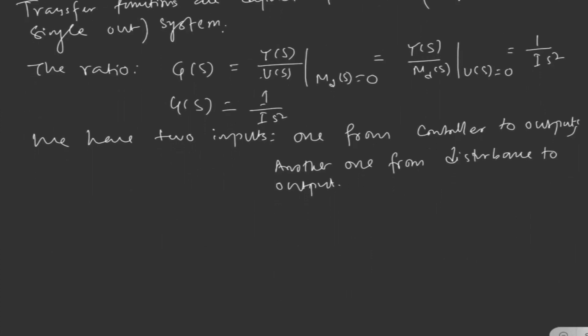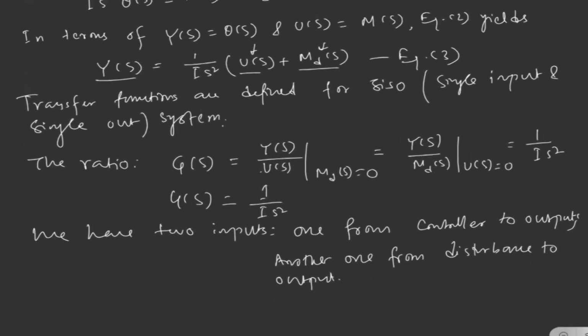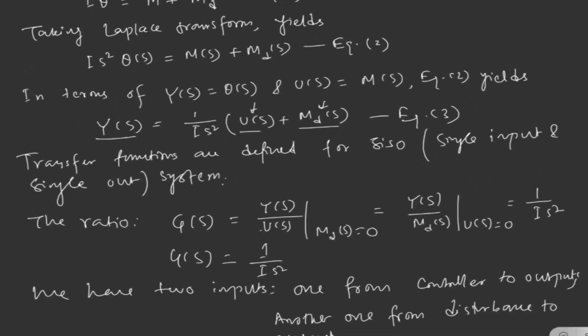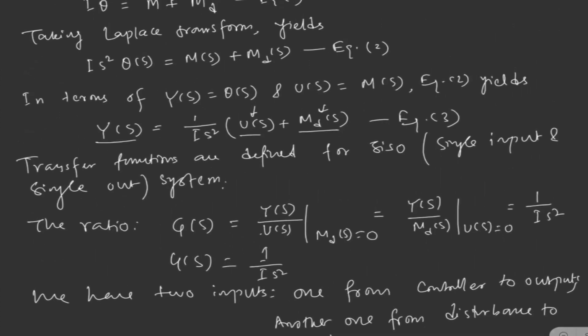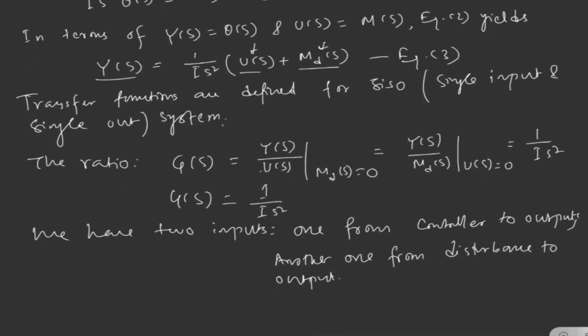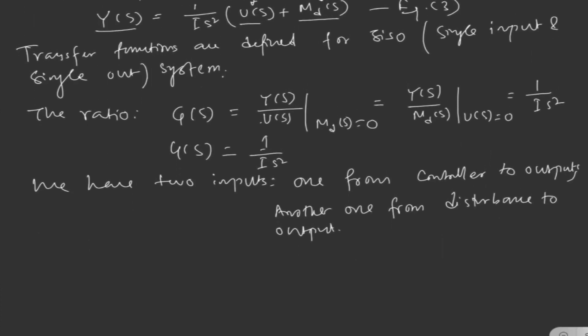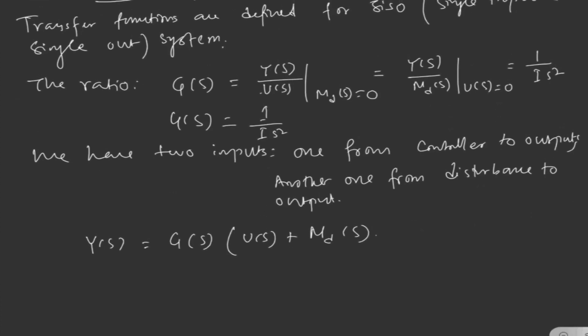You can see that equations 2 and 3 are the same for both cases. Hence, we can write Y(s) equal to G(s) times U(s) plus Md(s).